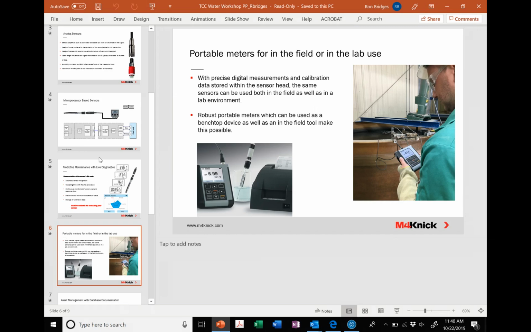Also, I mentioned before, because of the microprocessor in the electrode, I no longer have to calibrate the electrode with the transmitter and cable it's going to be used with. I can actually pull that maintenance from the field into a controlled environment and do my calibrations where temperature is no longer an issue. I'm not exposed to the elements, rain, snow, whatever it might be.